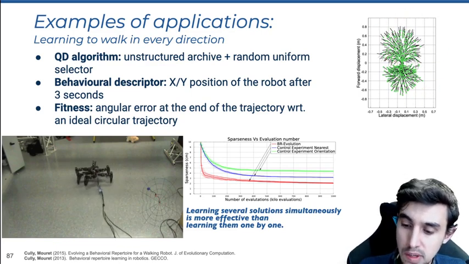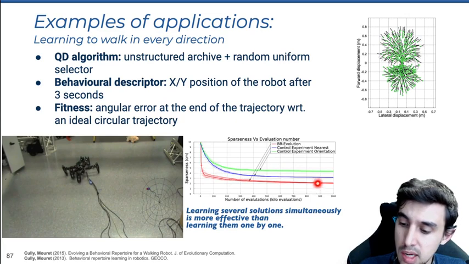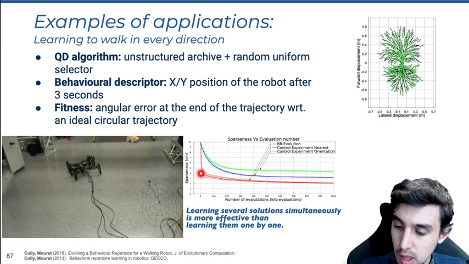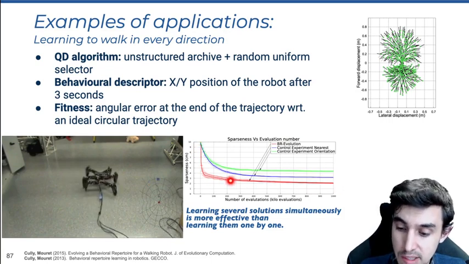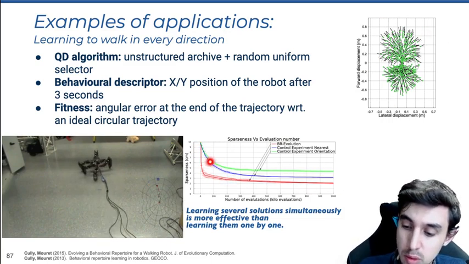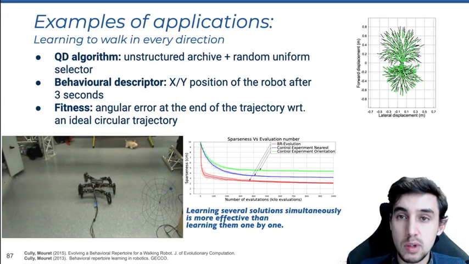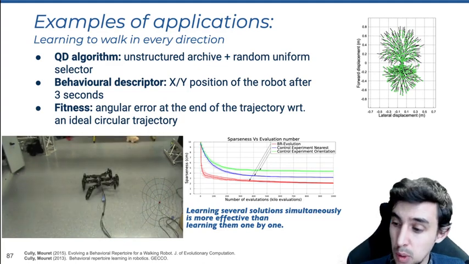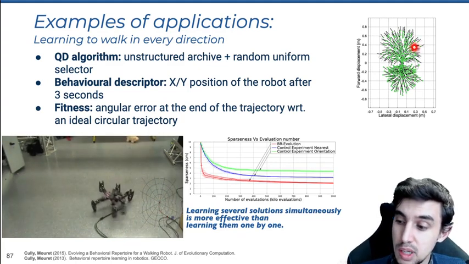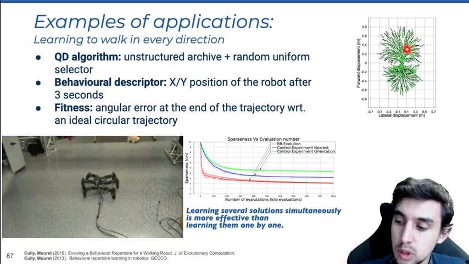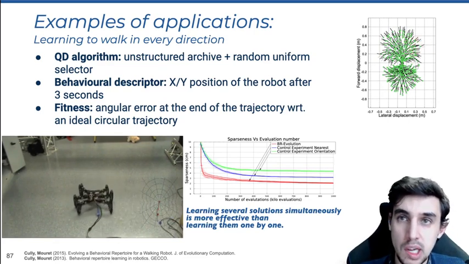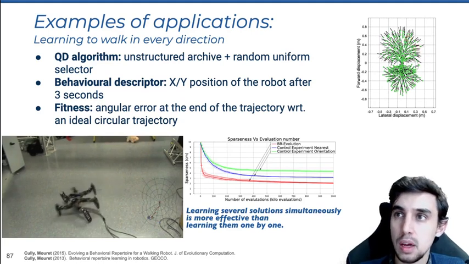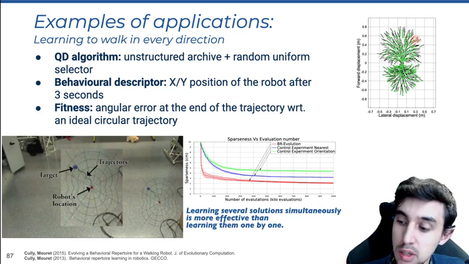But what we saw is that running a QD algorithm here, which was called back then BR-Evolution, for behavioral repertoire evolution, is actually significantly faster in order to cover the entire space than running independent evolutionary processes, and that leads to even better solutions, because finding a solution that leads here during the random exploration of the evolutionary algorithm in QD might actually lead to solutions that are better for other tasks, like moving in a different direction here.